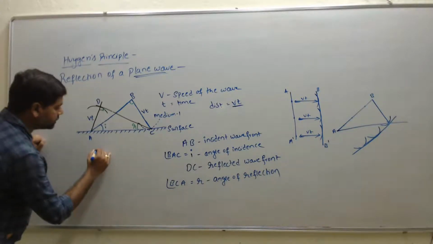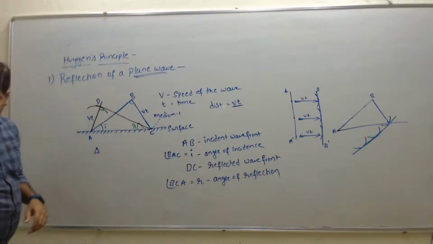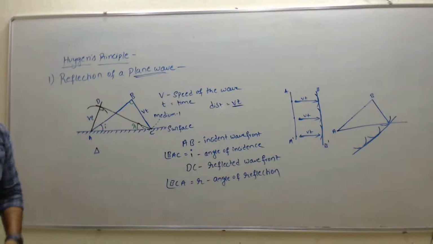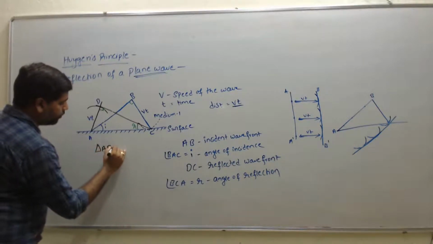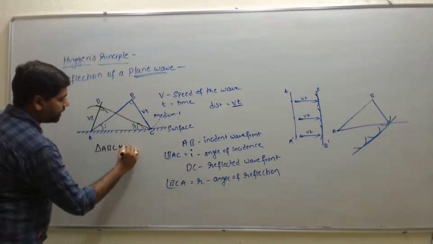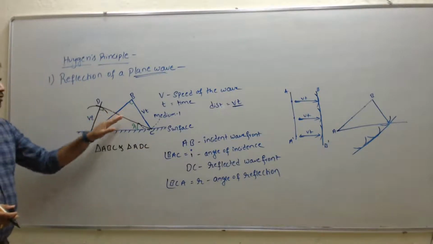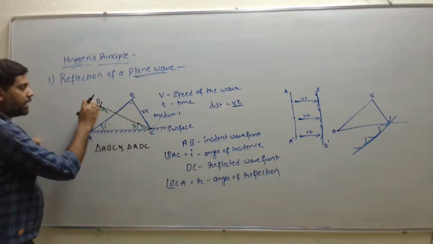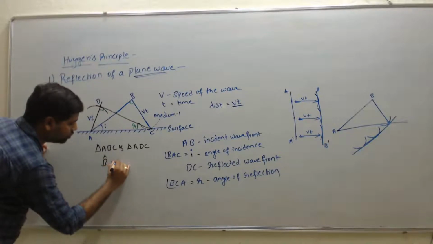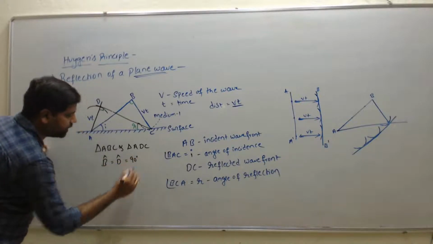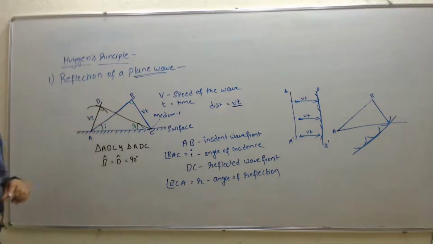If you observe the triangles, triangle A, B, C and triangle A, D, C. If you observe these two triangles, angle B is equal to angle D, that is equal to 90 degrees. Then the base AC is the same for these two triangles.